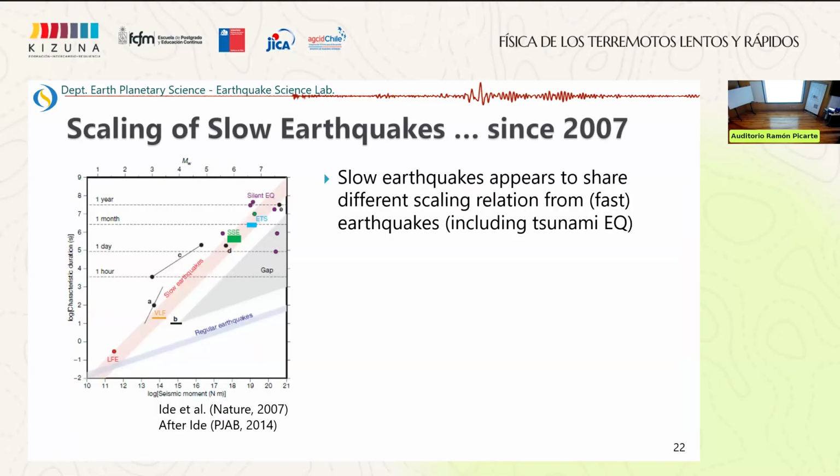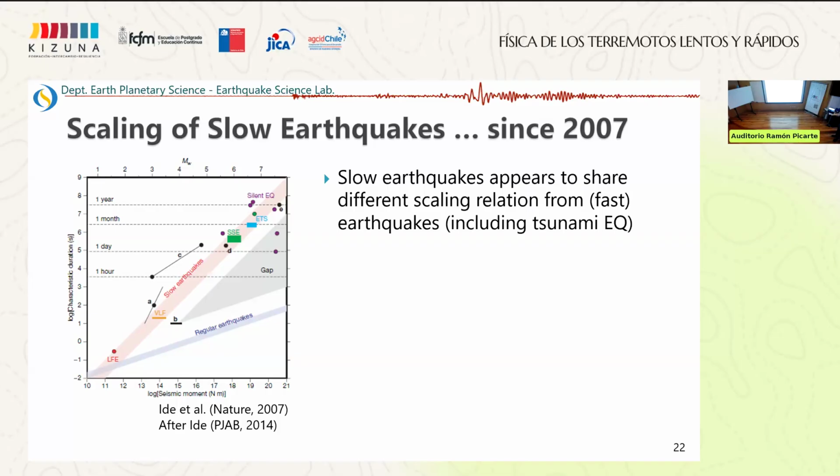Comparing tremor, LFE, very low frequency earthquake VLFE, and the slow slip event, we propose that they share the same relationship in this diagram. This diagram is between the size of the phenomena, measured in seismic moment or magnitude, and simply duration, how long it continues.